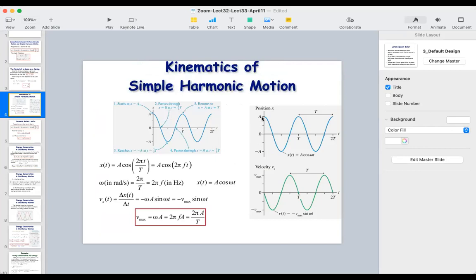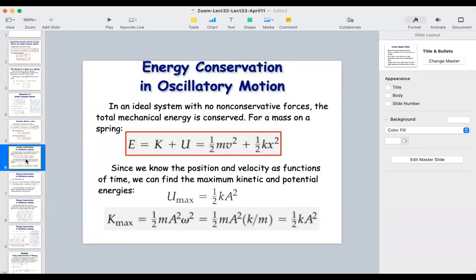This is the maximum position of x. So we get that U max is 1/2 k A squared. It doesn't matter if we are at plus A or minus A, because it is squared, so the minus goes away. So we have a positive energy, 1/2 k A squared, and this is the maximum potential energy.